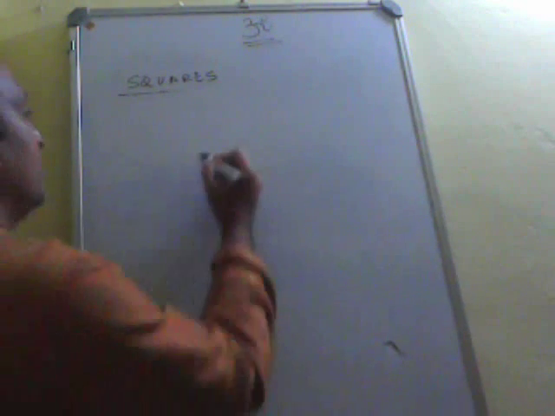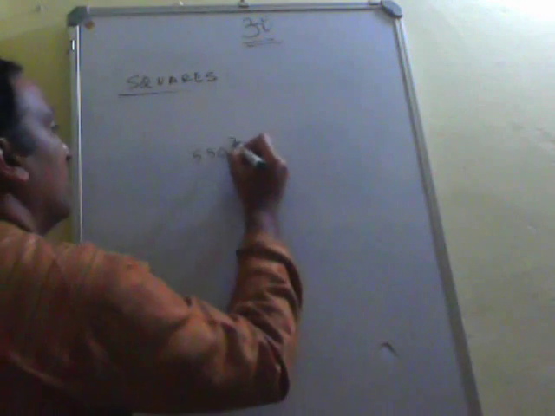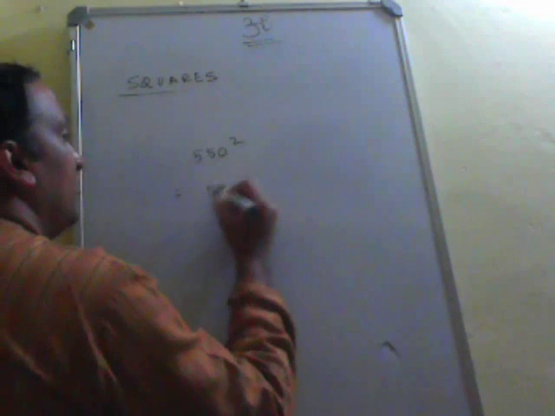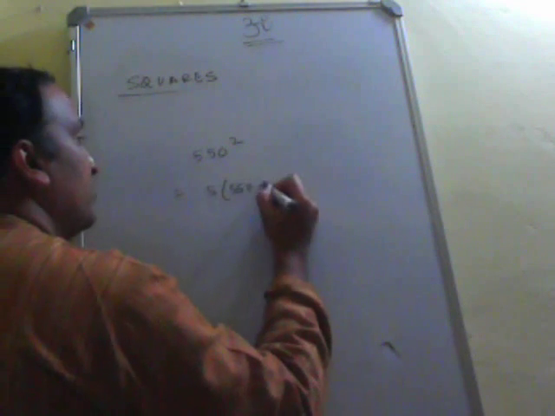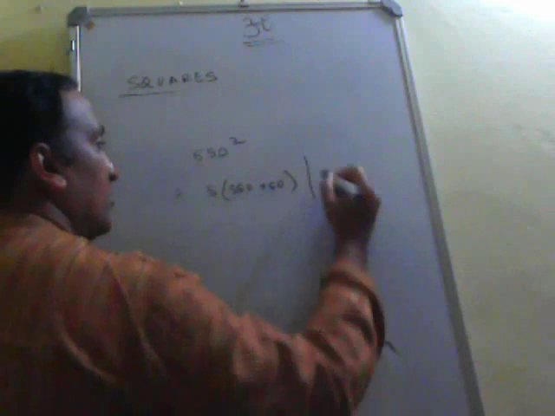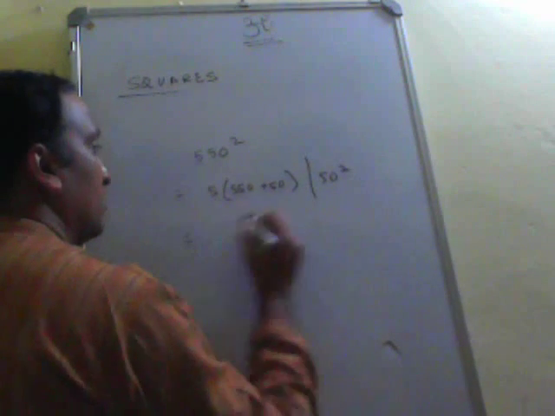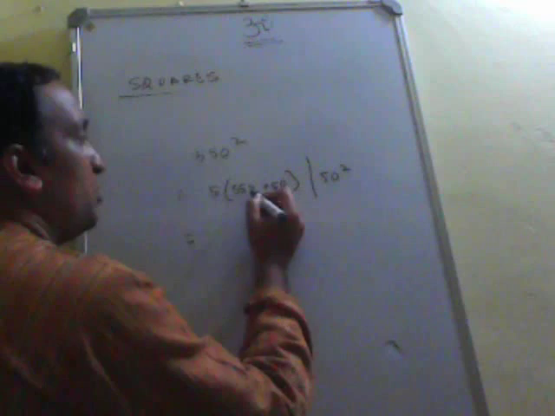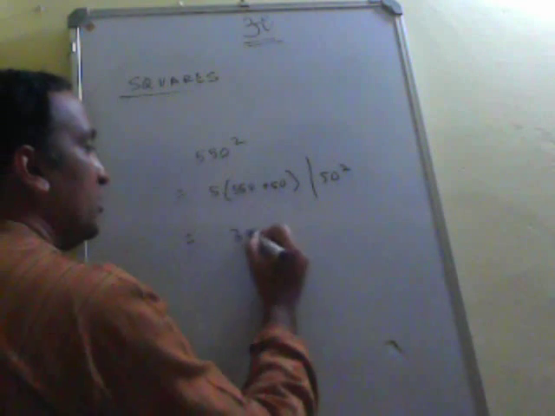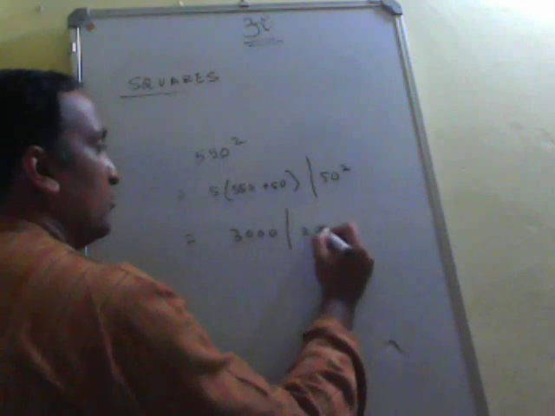If it is 550 square, you still say 5 into 550 plus 50, 50 square. Yes, we can use 50 square. 550 plus 50 is 600, 600 into 5 is 3000, and 50 square is 2500.